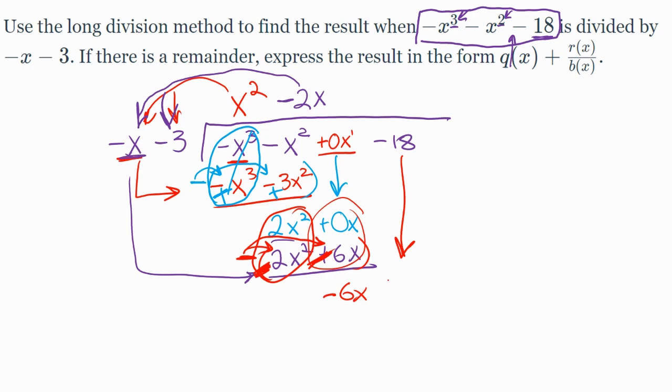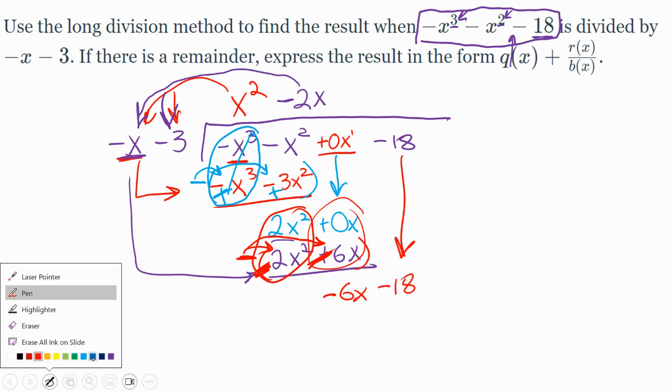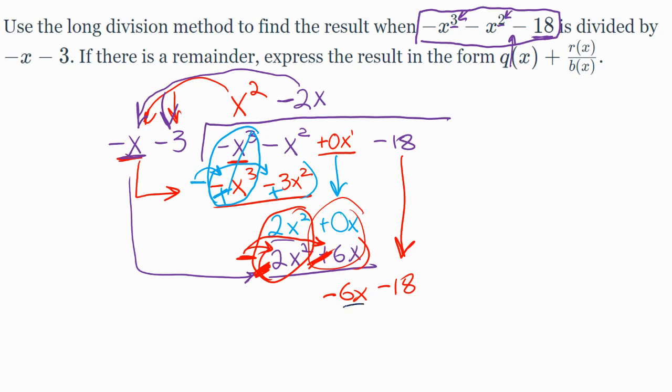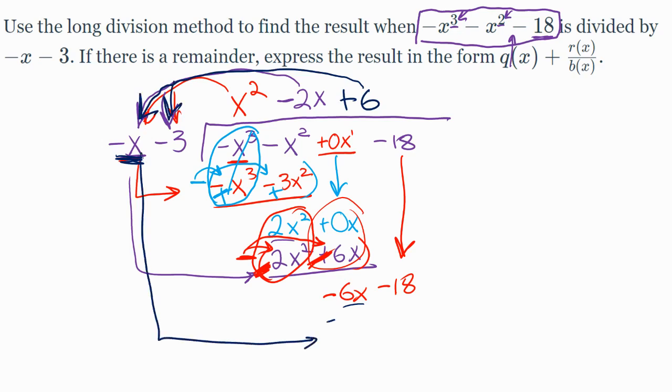And then you go ahead and bring down your negative 18 for the last run through the algorithm. We look at negative 6x, and we ask ourselves what to multiply the negative x by to get there, and that's just a positive 6 because it's already negative. So then we take that positive 6 and distribute it over here, bring that result down below, and that should give me my negative 6x, and it should give me a negative 18.